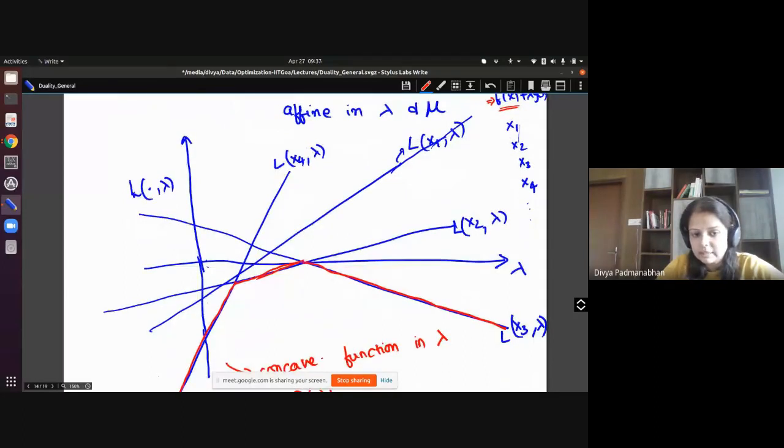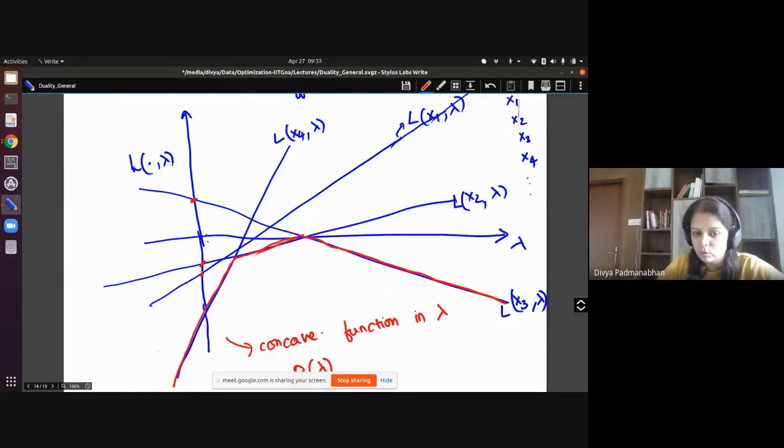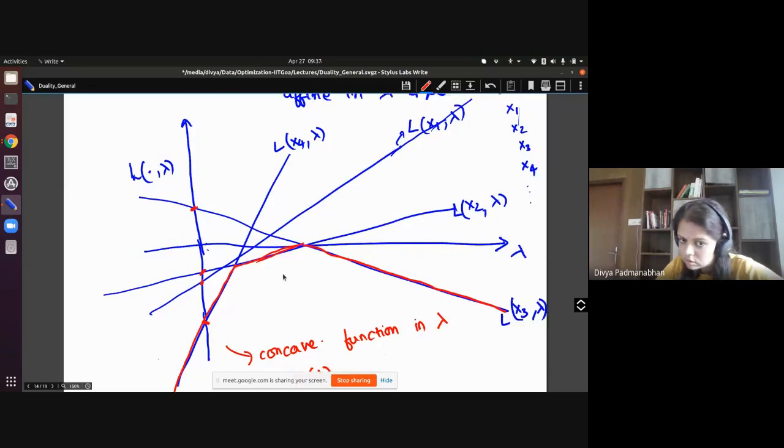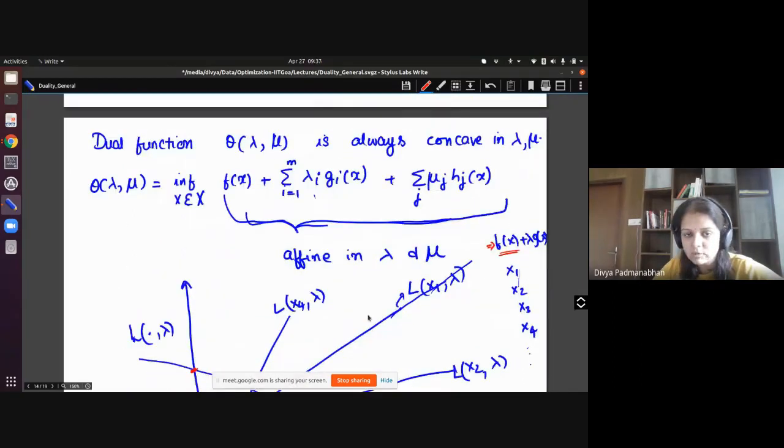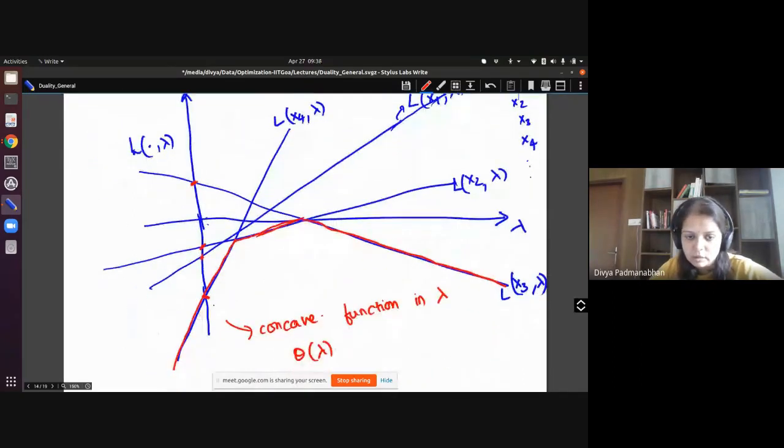This is corresponding to x3, then you have x1, x2, and x4. So your question is whether this is always going to be a minimum.